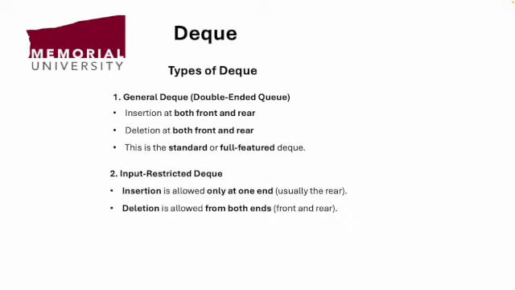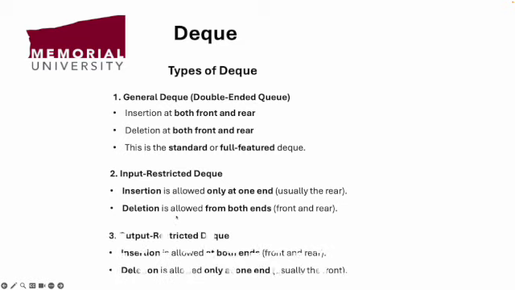Second, the input restriction Deque: insertion is allowed only at one end, usually the rear, while deletion is allowed at both ends. Third is the output restriction Deque: insertion is allowed at both ends, but deletion is allowed only at one end, usually the front.